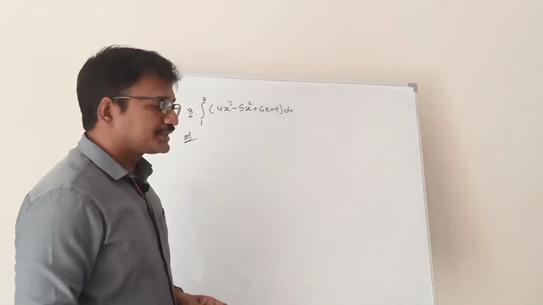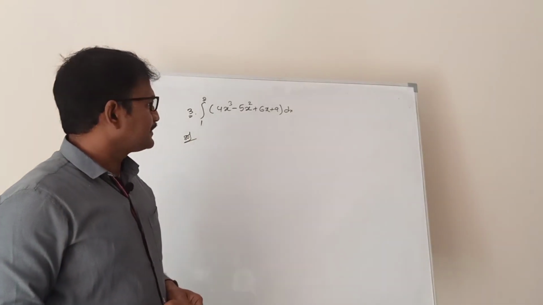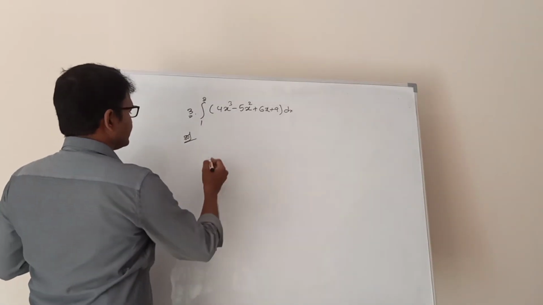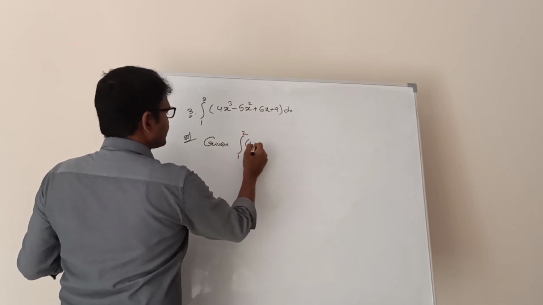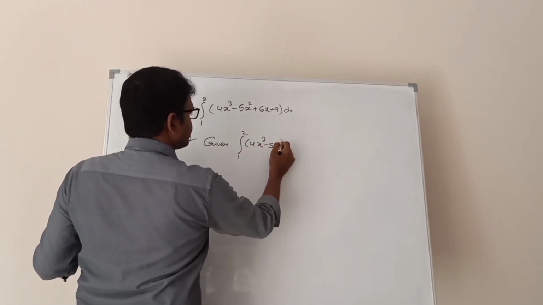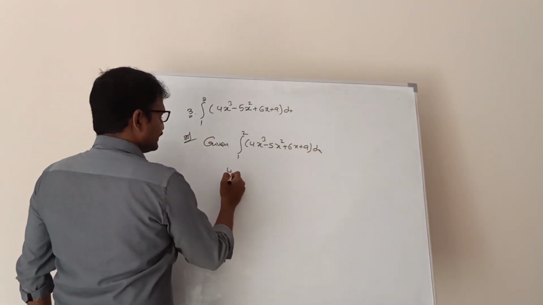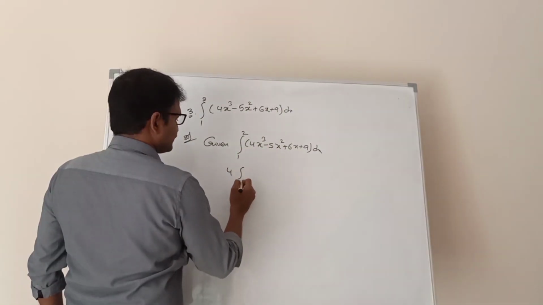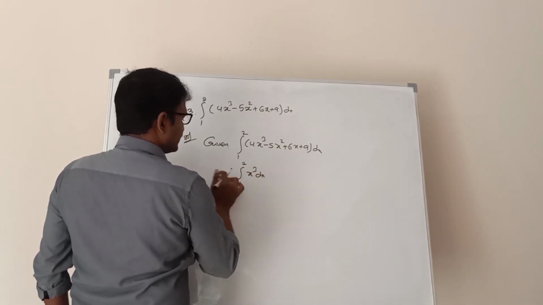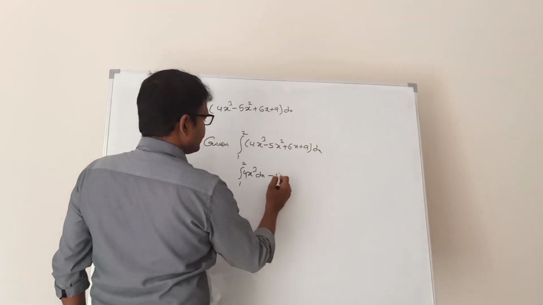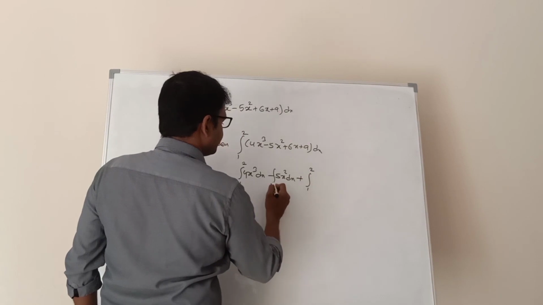Third problem, integration of 4x cube minus 5x square plus 6x plus 9. So the given problem is the integration from 1 to 2 of 4x cube minus 5x square plus 6x plus 9 dx. Split it term by term: 4x cube dx minus the integration of 5x square dx, plus the integration of 6x dx, plus the integration of 9 dx, all from 1 to 2.